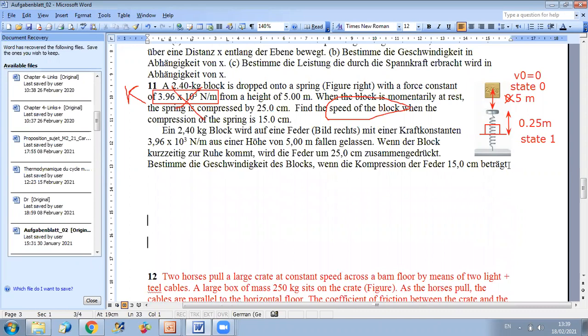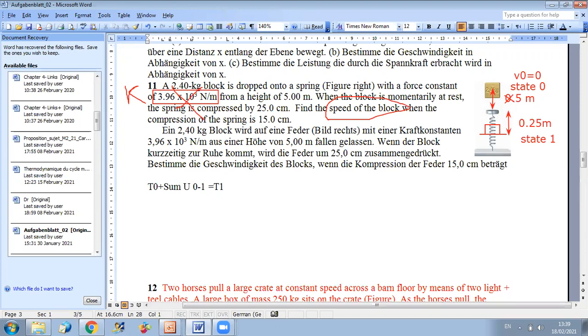We have that T1, the kinetic energy at state 1, plus the sum of work from state 0 to state 1 equals... here I will call it T0, the kinetic energy at state 0, equals the kinetic energy at state 1, T1. Since initially my box is at rest, T0 is 0.